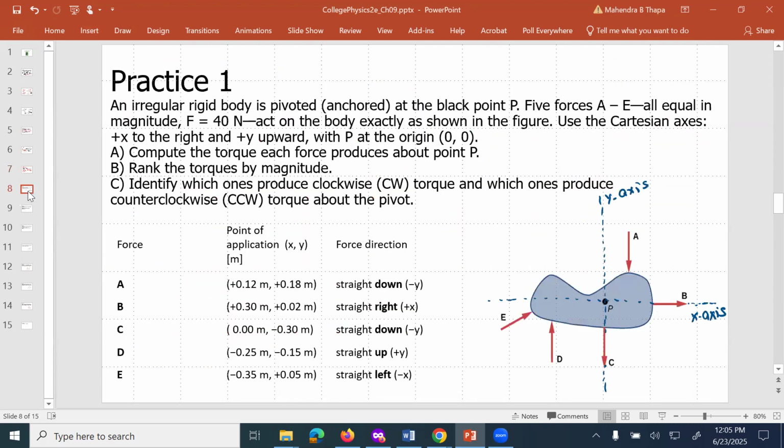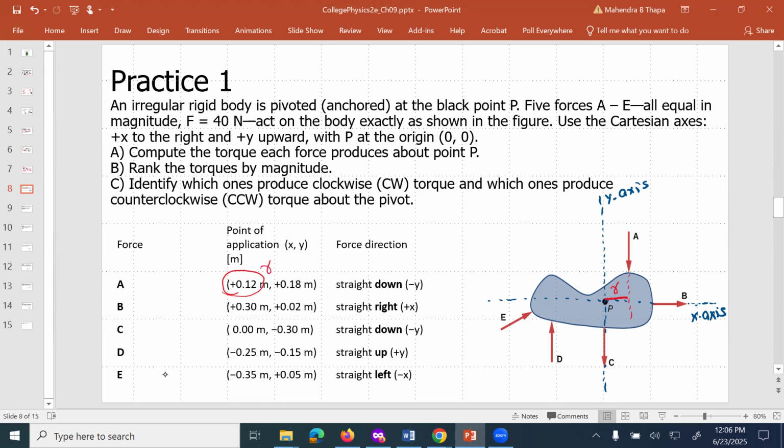Based on that, you can practice this problem. Say, for example, in this problem, say this is my x-axis and y-axis. Say for the point A, that distance will be r. This is the perpendicular distance from the pivot point. So your r for the force at A will be this 0.12.